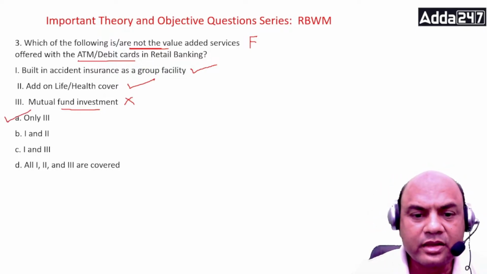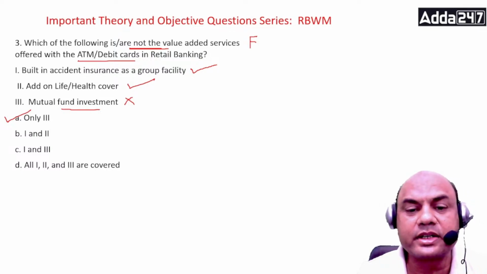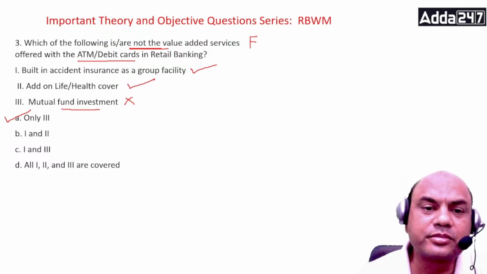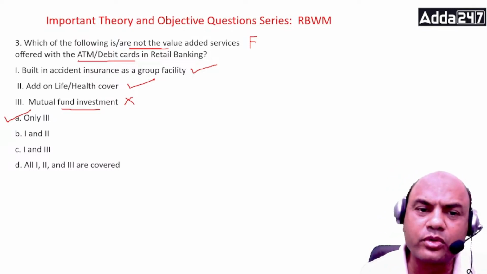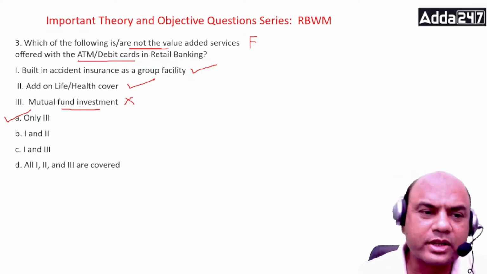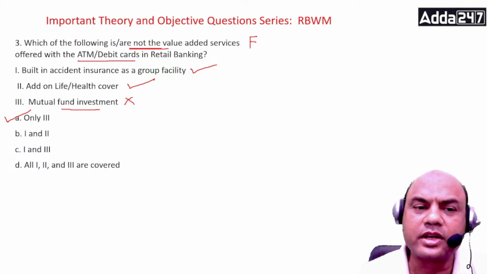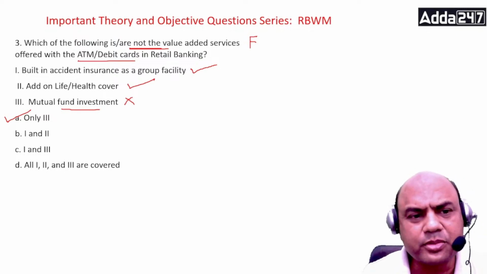Right? Firstly, what do you understand? Understand this concept. We are talking of value-added services, so we are adding some other services to the debit cards. Now this can be for this debit card also. This can be for something else also. See here, I can offer the same accident insurance and health insurance if you buy an FD with me. What's the problem?